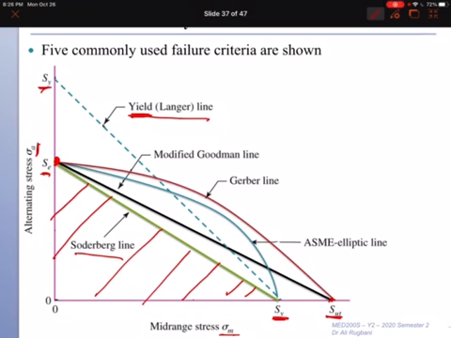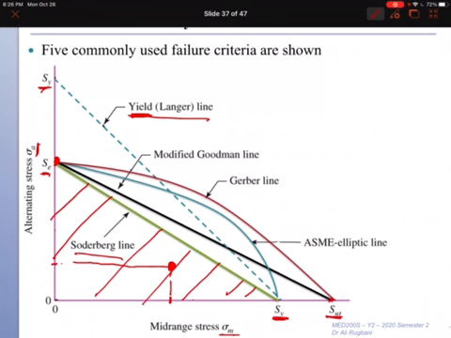If the combination of mid-range and alternating stress, let's say your mid-range stress is this value and your alternating stress is this value, so this is your point here. Your point is safe according to Soderberg, it is safe according to the elliptic line, it's safe according to Modified Goodman, to Gerber, and the check for yielding also is safe.